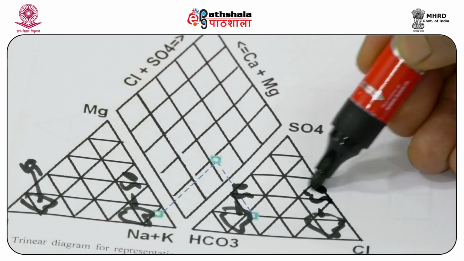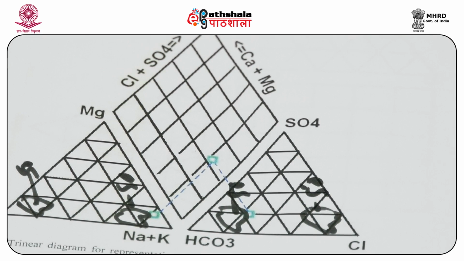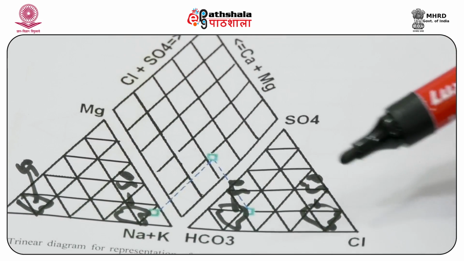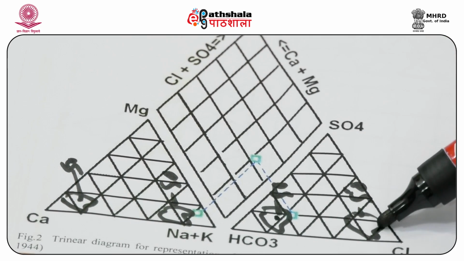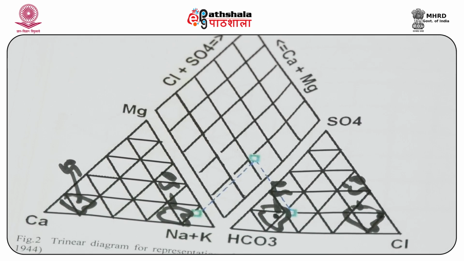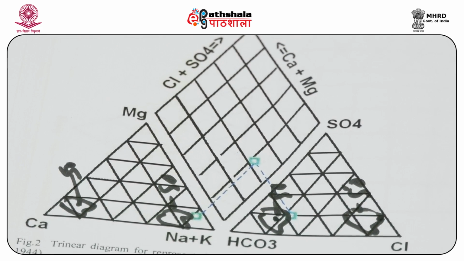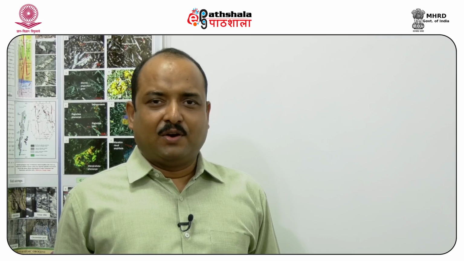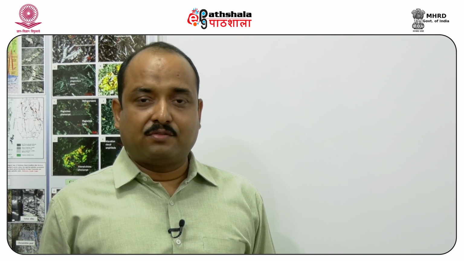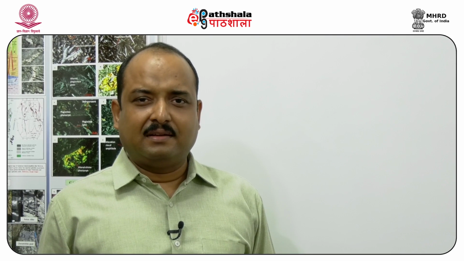It says distinctly that the groundwater has two distinct and different facies. One is bicarbonate, one is chloride. It speaks a lot about their origin, the hydrological processes, and so many other things. Okay, that was the trilinear plot, popularly also called the Hill-Piper plot.